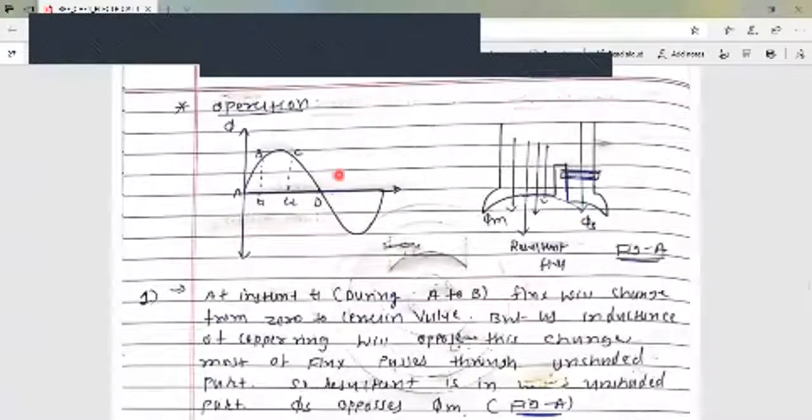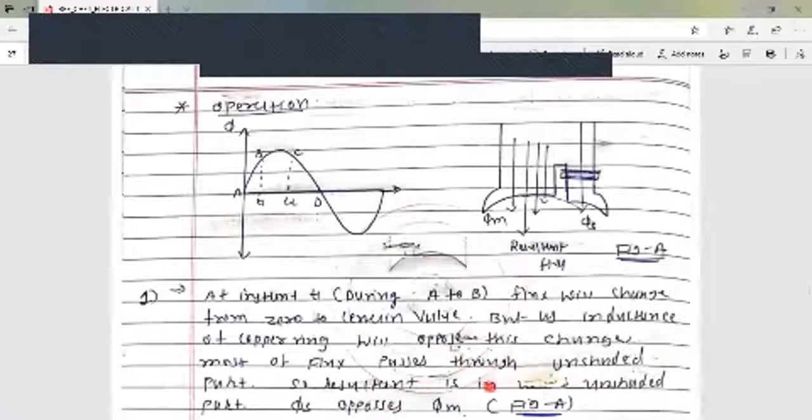See here, this is the varying flux. Here we discuss the three cases. So at time t1 during A to B, up to this time t1 from A to B, flux will change from 0 to certain value, but as inductance of copper ring will oppose this change, most of the flux passes through the unshaded part.